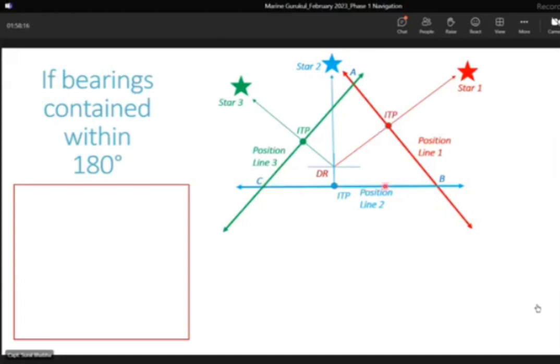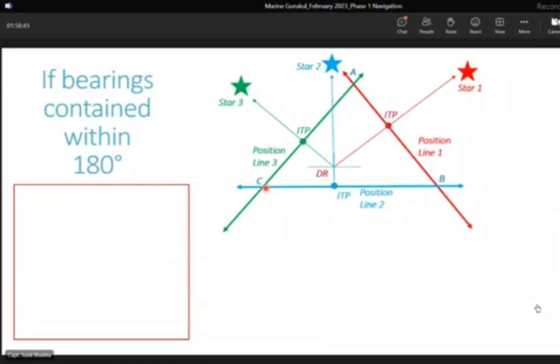So we have to identify the two angles which are connected with our middle position line, in our case angle Bravo and angle Charlie. For these two angles, we have to draw the external angle bisectors.